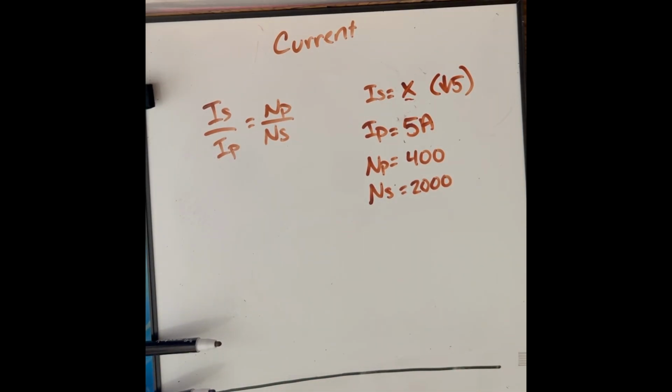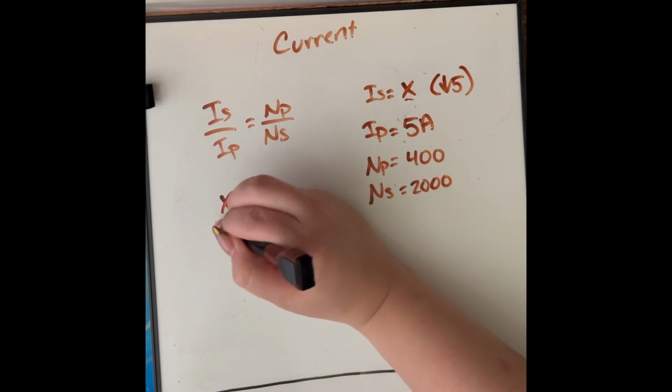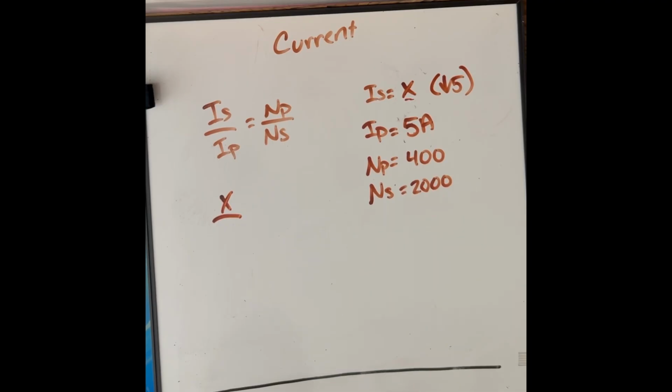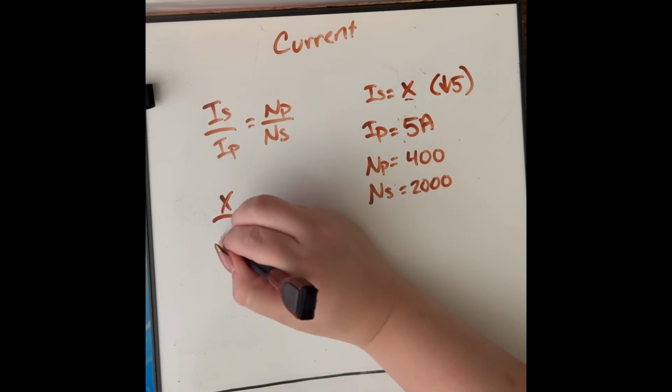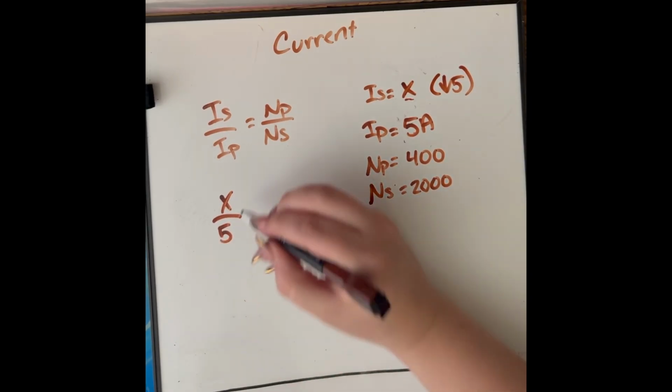So our IS is what we're solving for, X here. My applied current, which would have been on my primary side, my primary current, is 5.